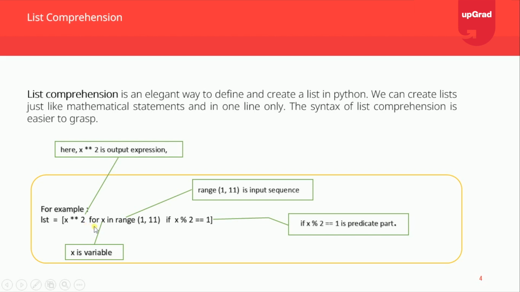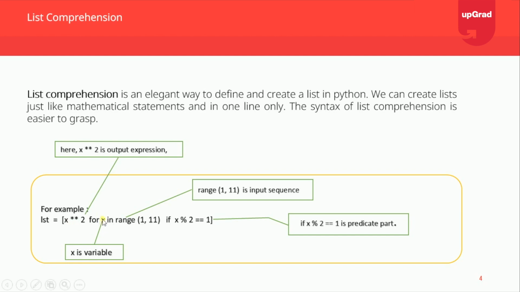Let us repeat it one more time. This range is a function which will generate the numbers. We can call it the input sequence. All the numbers will be assigned to x one by one. Here, this is the returning expression, which returns the square of x.